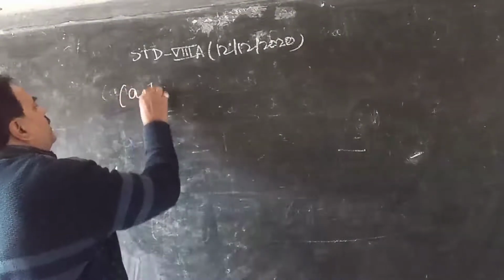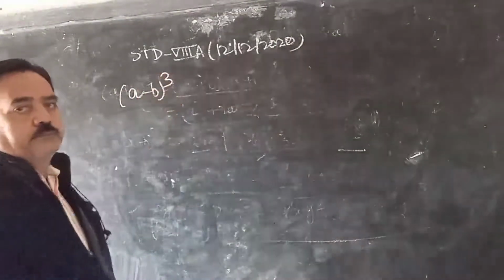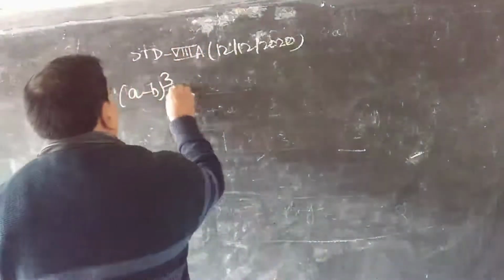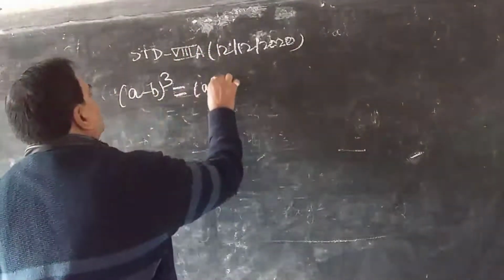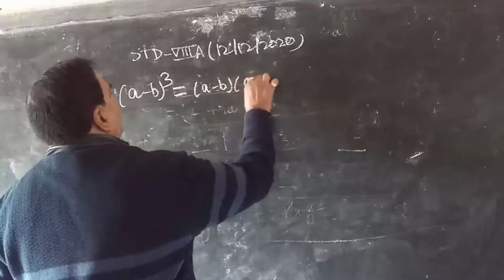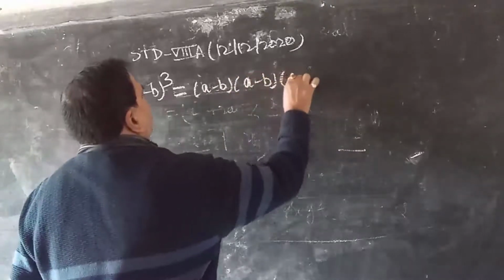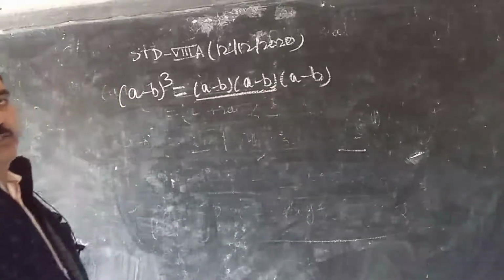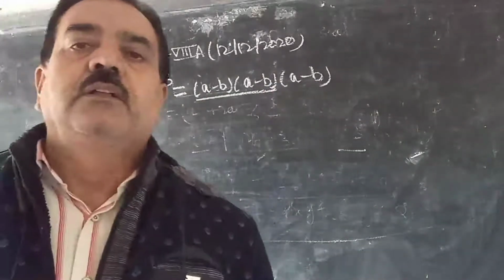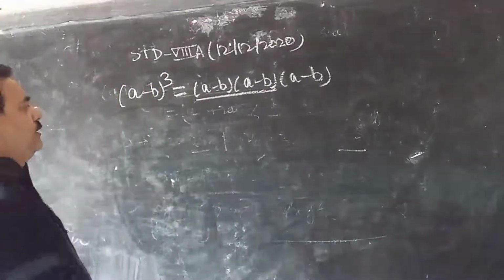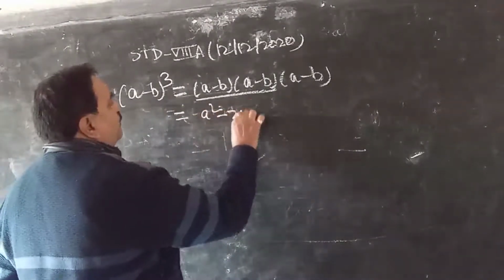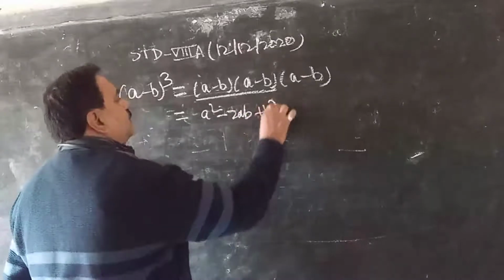Similarly, (a - b) whole cube. So (a - b) whole cube means a minus b is written how many times? Three times: (a - b), (a - b), (a - b). When you multiply the first two brackets, what result will we get? a square minus 2ab plus b square.